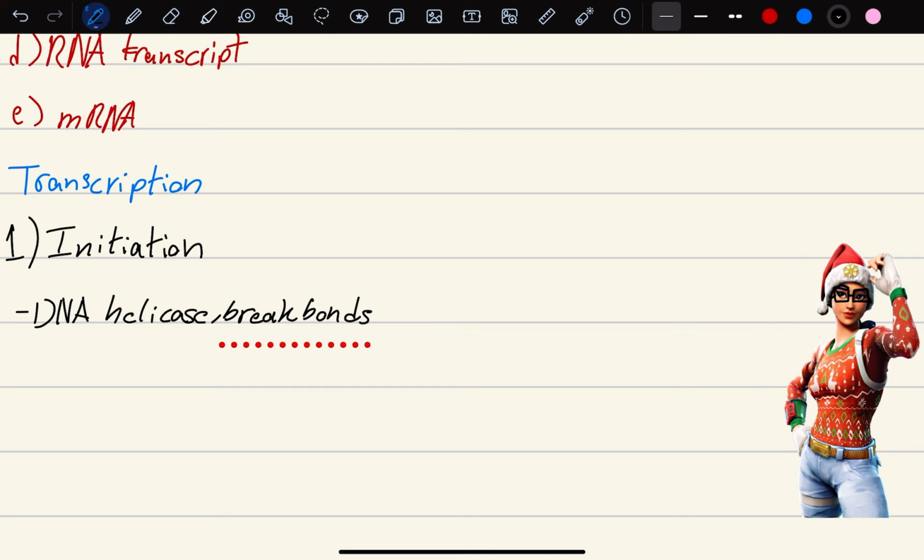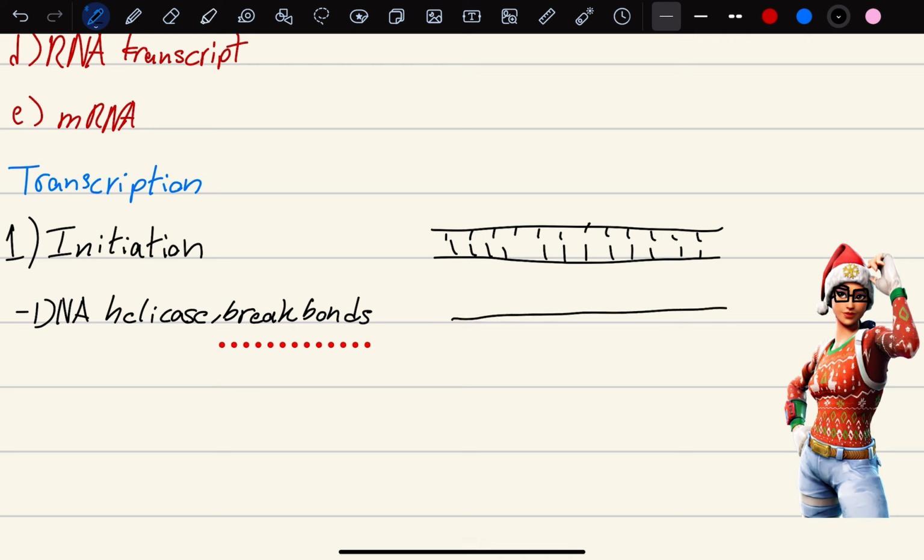You have a complementary DNA strand that looks something like this. Okay, you got your nitrogenous bases here. And then the DNA helicase basically comes in, okay, this is the DNA helicase, we'll just put it here, and it basically opens this up.